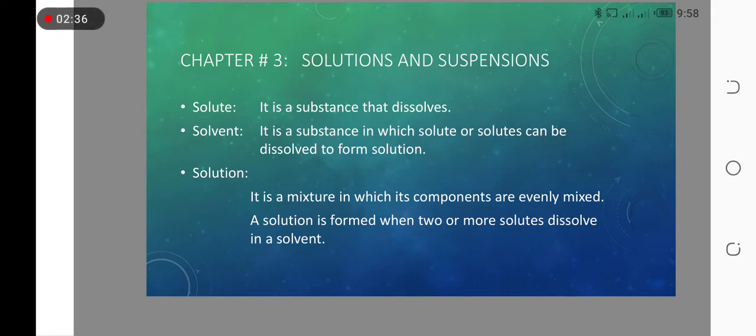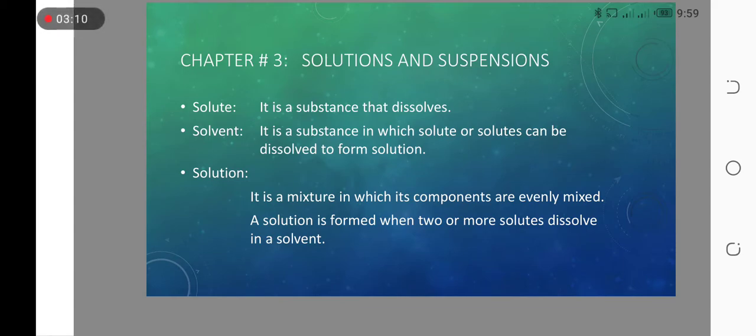Before going to solution, I would like to tell you what a solute is and what a solvent is. A solute is a substance that dissolves in something. It can be completely dissolved in the case of solutions, but it may not be completely dissolved, or may be suspended in the solution. So the solute depends on the type of the solvent.